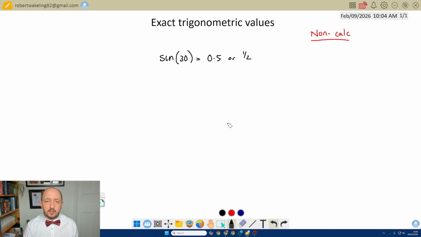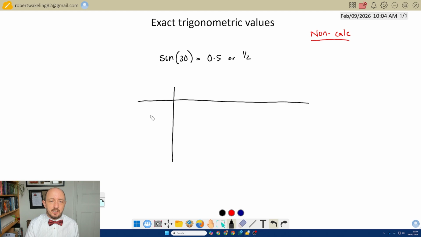Okay. So the best way I can recommend to do this is to have sine, cos, and tan, and then 0, 30, 45, 60, and 90.